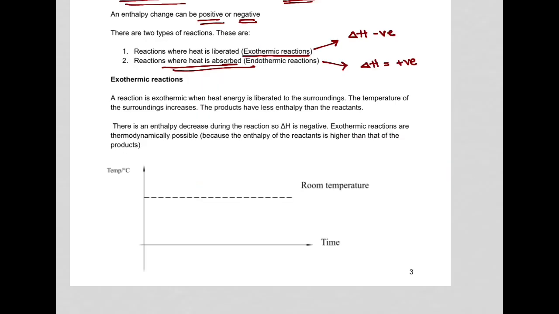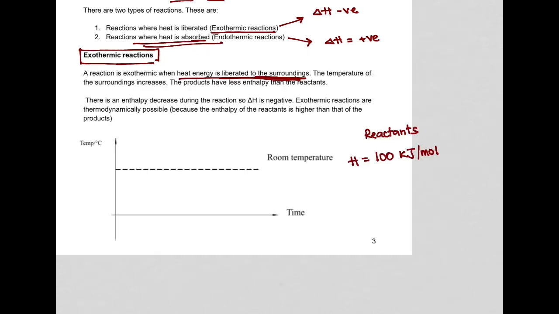Let's see in a little bit more detail exothermic reactions. In an exothermic reaction, energy is liberated to the surroundings. So energy goes to the surroundings, and the surroundings will have more energy than the system. So if we take an example, let's say reactants have enthalpy 100 kilojoules per mole.